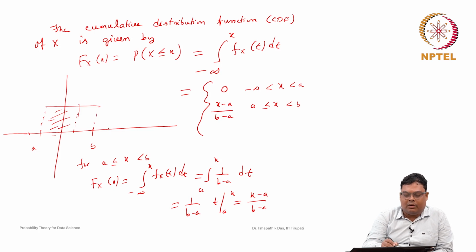Now, what will it be whenever x is here, beyond b? Here we are doing the integration from minus infinity to x. From minus infinity to a the integration is 0, there is no density.